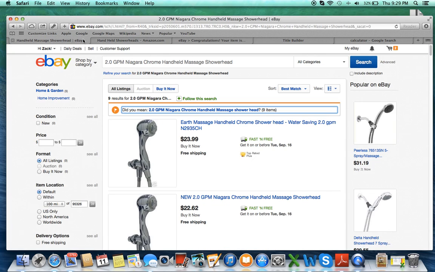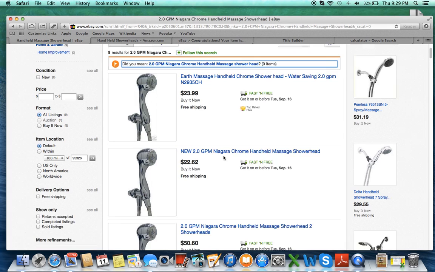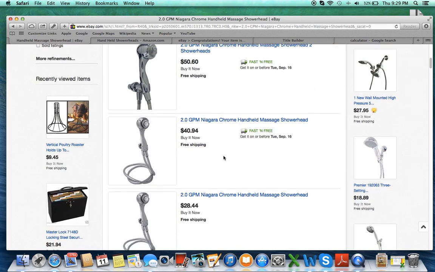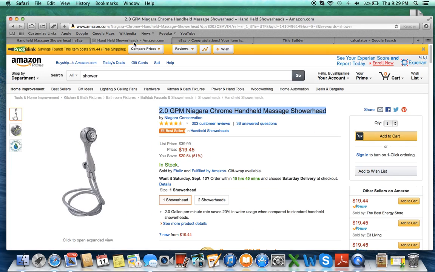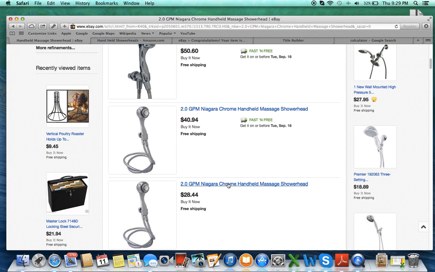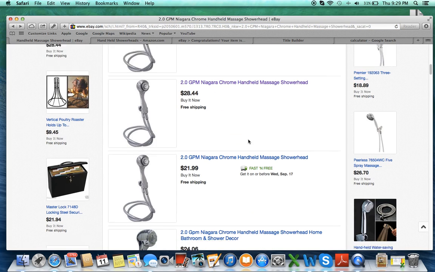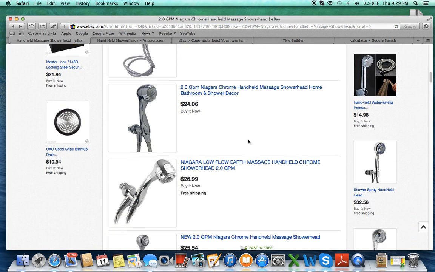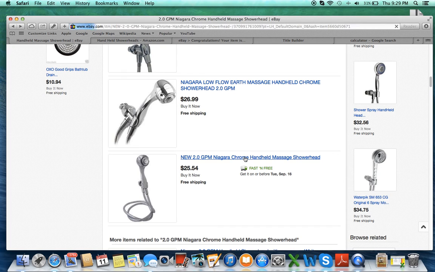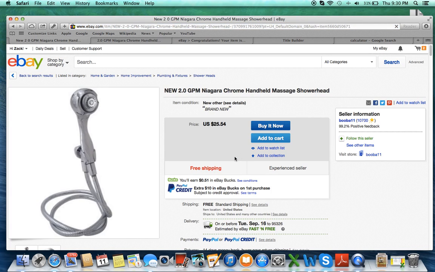Probably need to sell it for about 26. This one looks maybe pretty good. No sales. 25, this is probably good.